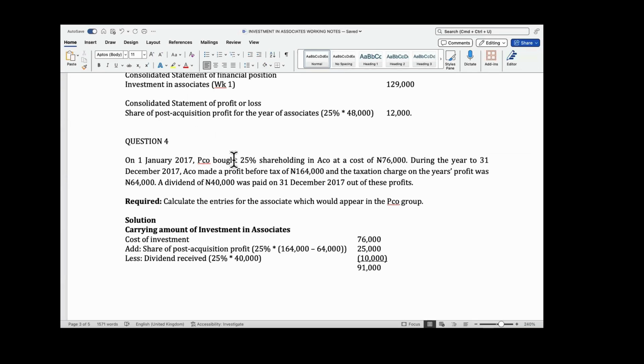So when they give us a profit before tax, it means the profit before deduction of tax. Taxes are usually deducted from your profit. So you have made a profit of 164,000. You have not paid the government, so the tax is still inside there. You need to pay the government 64,000, which is why we have to deduct it. Okay, so we deduct it before applying the percentage. Yes.